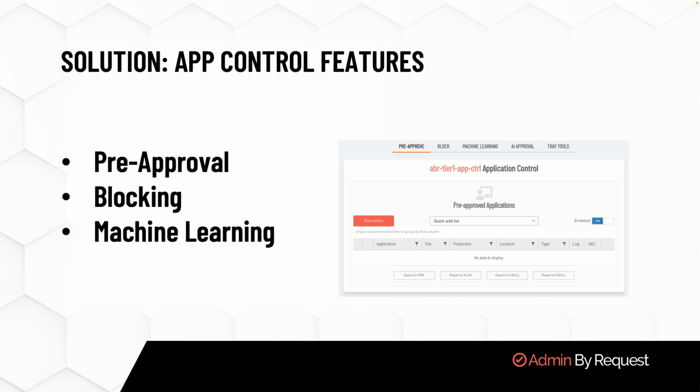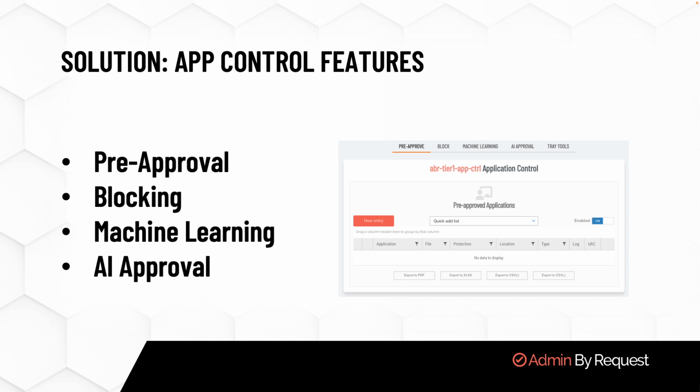Machine learning would mean that after a certain number of approvals, and you would set that threshold, an application becomes automatically approved. So you would enable approval and set the threshold to say 3. You would have 3 approval requests come in, and then the 4th one would be automatically allowed through. So that's machine learning.